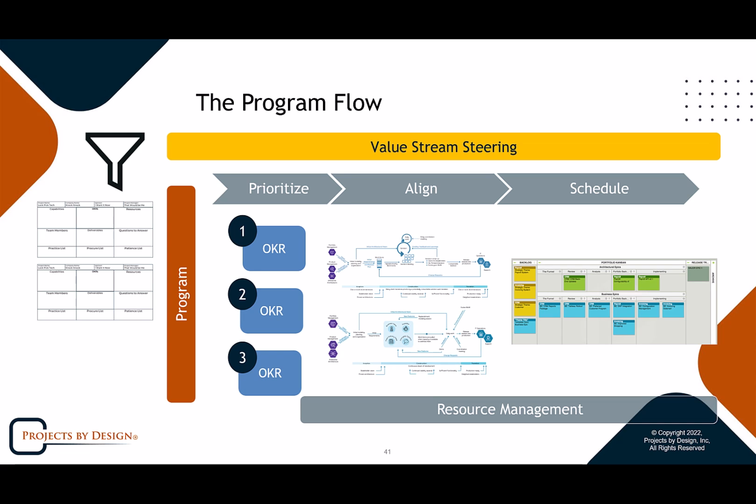What we're going to start with this morning is that prioritization and how it will work. And then the alignment will come next. We'll see how far we get with scheduling because we're going to be doing a lot of practical exercises. And then also the resource management.